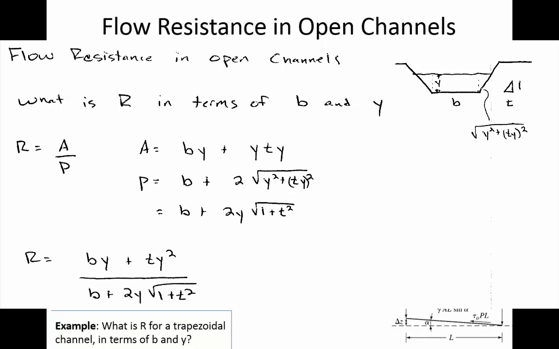So that's the formula for wetted perimeter of a trapezoid. And then hydraulic radius, R, is just the area divided by the wetted perimeter. So if we combine those together, we've got (by plus t y squared) divided by (b plus 2y square root of 1 plus t squared).